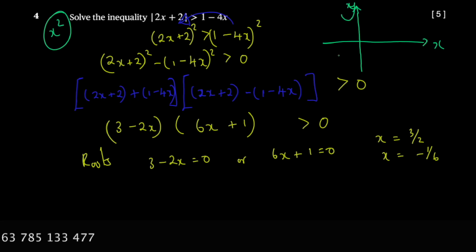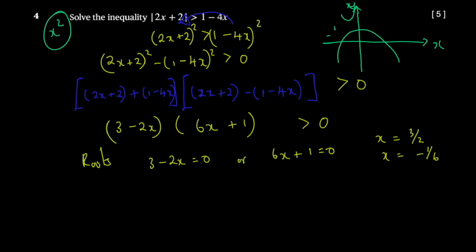So the frowning curve would be like this. After drawing it, this one would be negative 1 over 6, and this one would be 3 over 2. You're looking for the values where the graph is greater than 0. You can think of this as the demarcation line. These are the positive values for y going upwards, and these are the negative values.